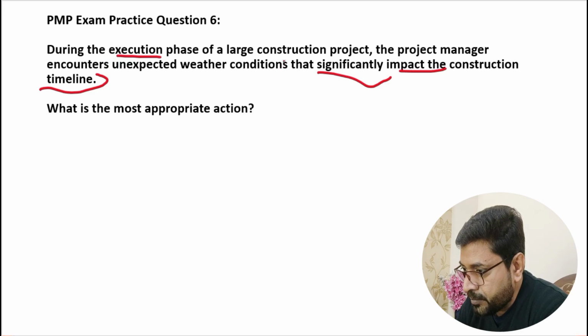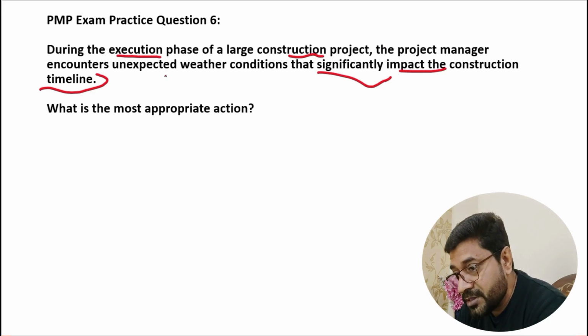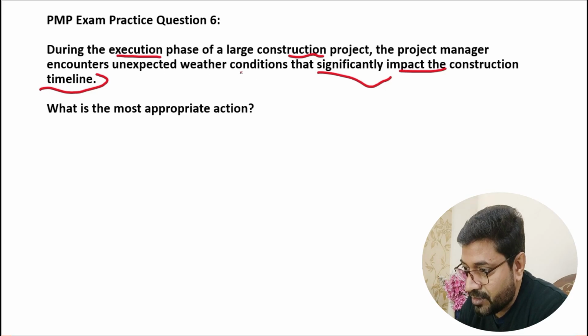So is it a risk? Is it an issue? Well, here it says the project manager encounters unexpected weather condition. Okay, so this is already an issue. That significantly impact the construction timeline. What is the most appropriate action for the project manager?